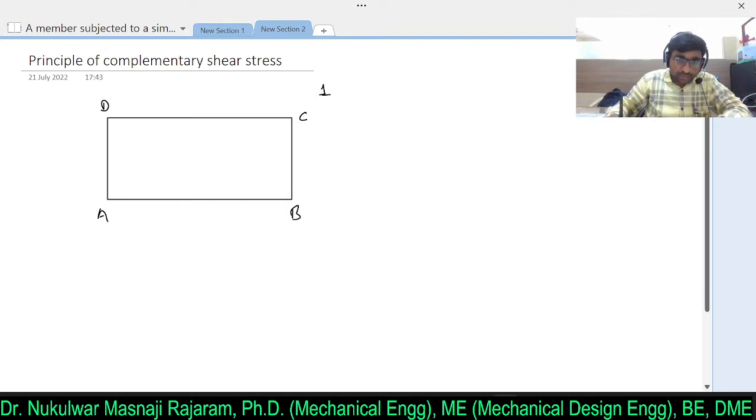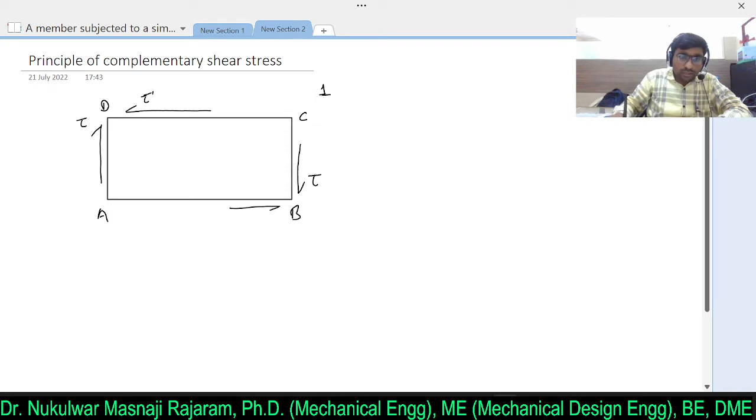Now when a shear stress acts on this particular surface, if I consider the shear stress tau on this plane AD, the same shear stress tau is acting, and on this particular plane DC, tau dash is acting.